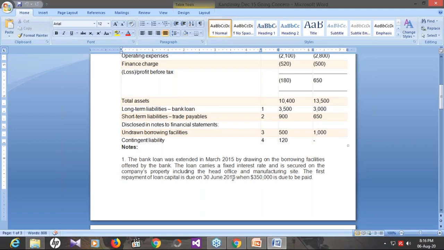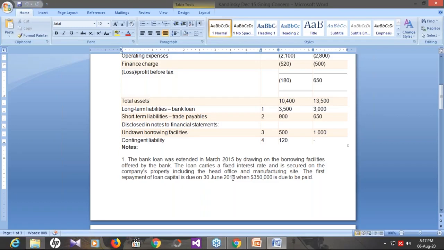So in this scenario, if company is not able to pay, then as the manufacturing site and the head office is secured by the bank, so it will be very difficult for the company, and there is a possibility that company may default because of the due payment in June 2016. And yes, bank has a right to seize the asset in order to recoup their funds.